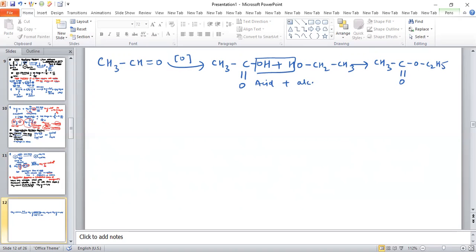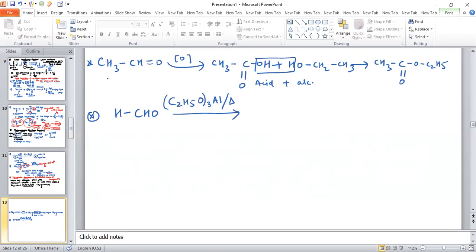In the same way, if you have another question related to the Tischenko reaction, if we have formaldehyde, and again the reaction is in presence of (C2H5O) thrice Al and some heat. What happened in this case?